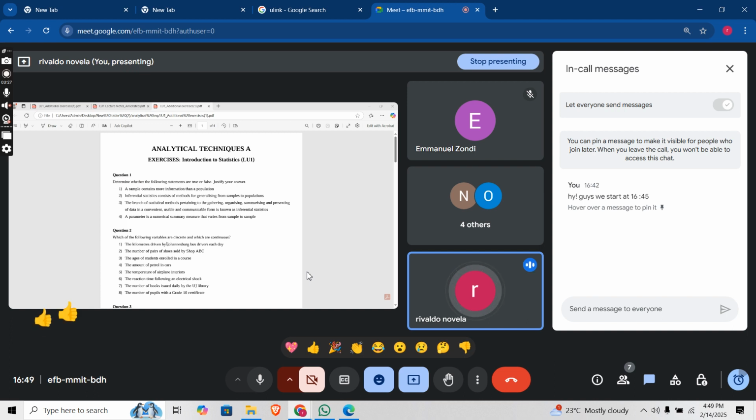Okay, that's great. Another thing is, as you have noticed, if you have gone through the document, at the bottom of the document there are answers to these questions. The reason why I'm doing these questions with you, although there are answers down there, is that they give you answers and not explanations.